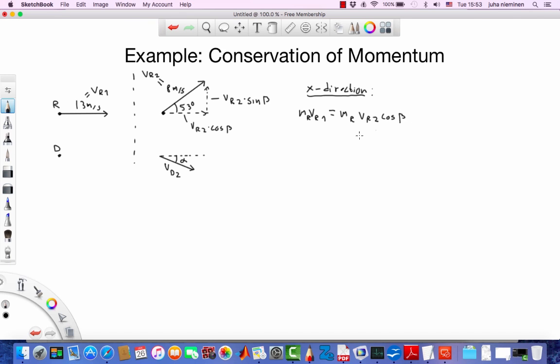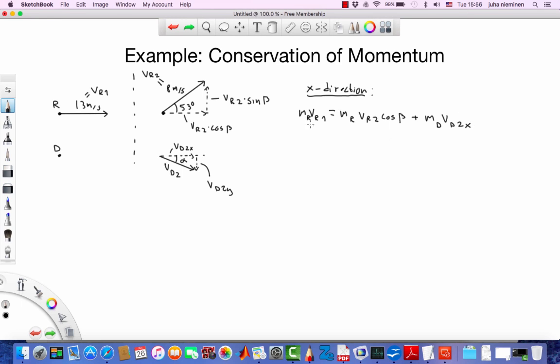And then we have something from Daniel as well. So let's call the horizontal component VD2x. And of course he has a vertical component that's going to be VD2y. So from Daniel, the mass of Daniel times the velocity component that we are solving for.